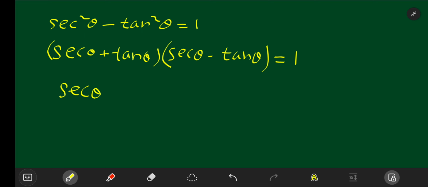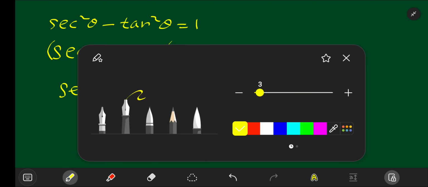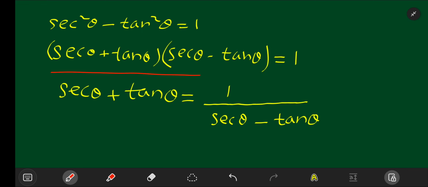Sec theta plus tan theta is equal to, sending this to the right hand side, 1 divided by (sec theta minus tan theta). This is the formula you have to remember. Sec theta plus tan theta is equal to 1 by (sec theta minus tan theta). This is the important formula.